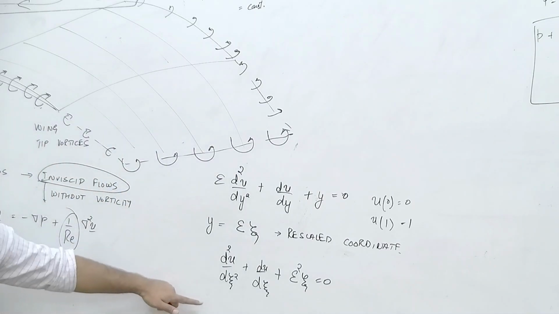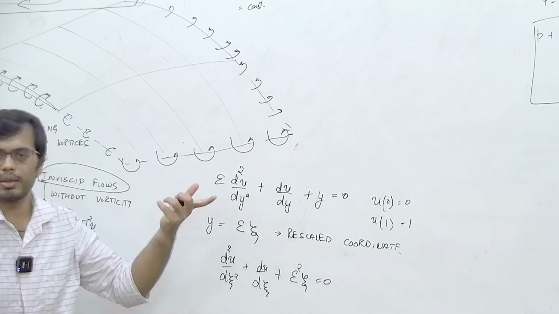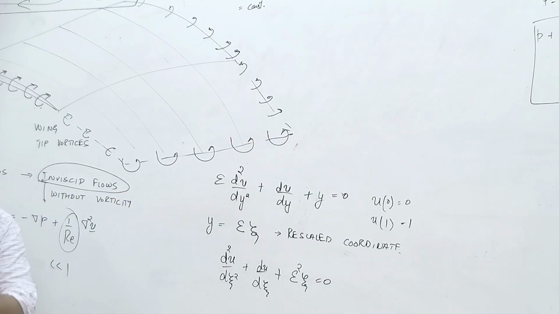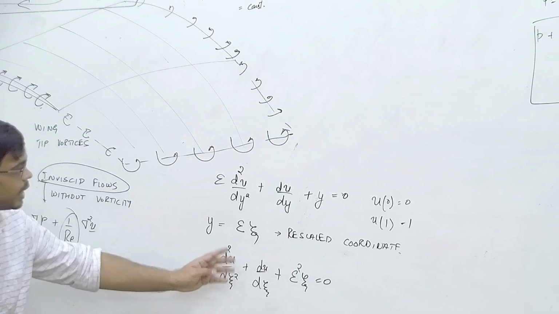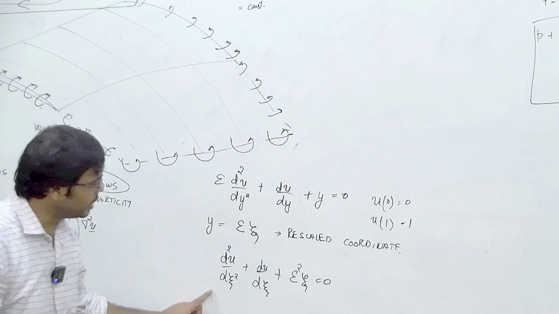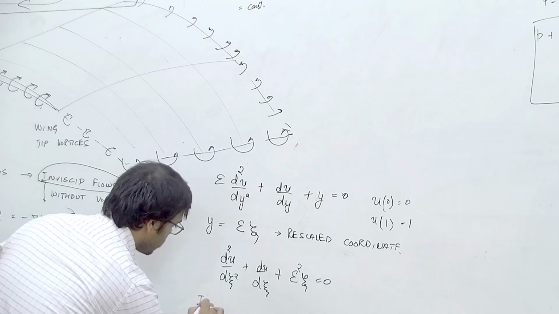After rescaling the coordinate, now we can drop this epsilon naively, and basically when we do this dropping of epsilon terms, we are evaluating things to leading order. Okay, that should be very clear to you by now, that this dropping out of epsilon terms from governing equations means we are basically computing the solution to leading order. Okay. So, now when we drop this out and calculate the solution, we get what is known as the inner solution.